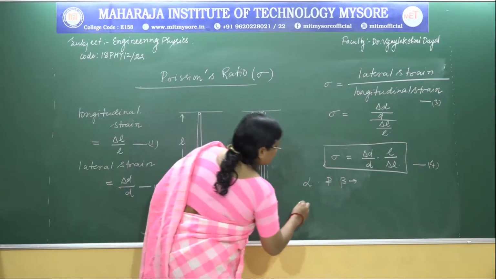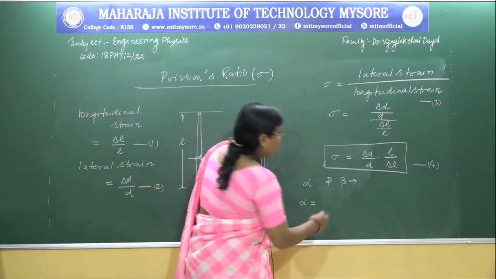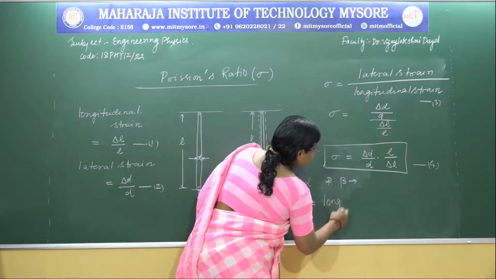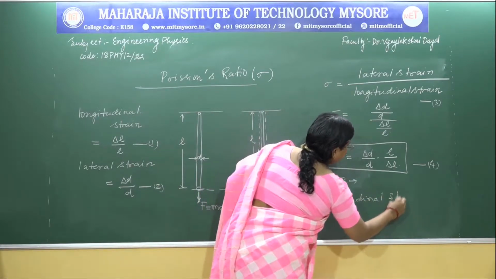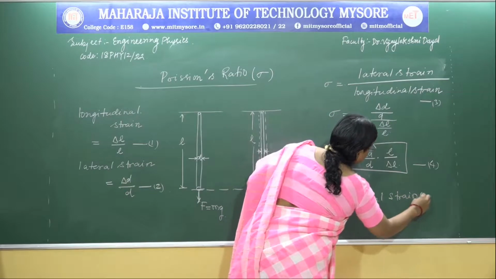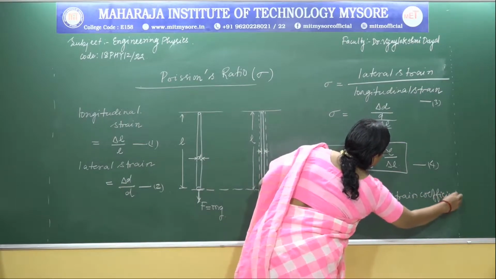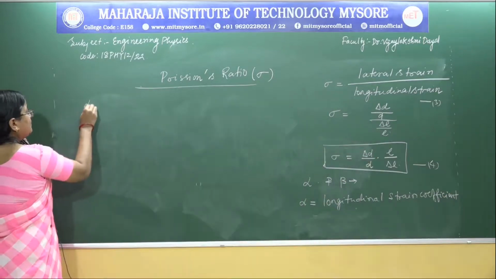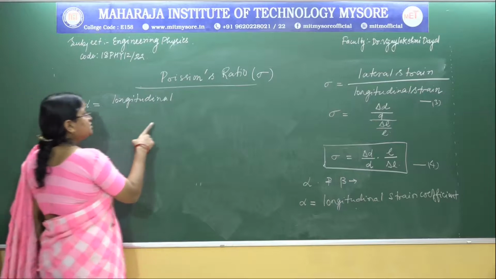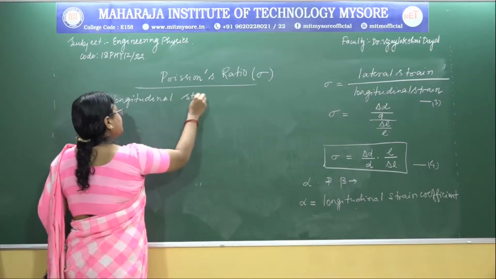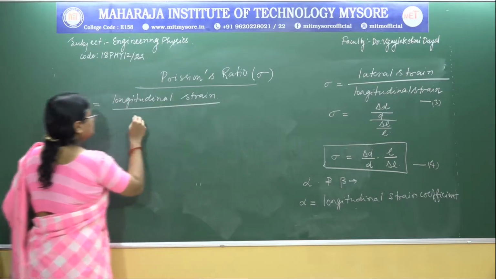Now we will come to the other terms alpha and beta. Alpha is defined as the longitudinal strain coefficient, which can be defined as longitudinal strain per unit stress.